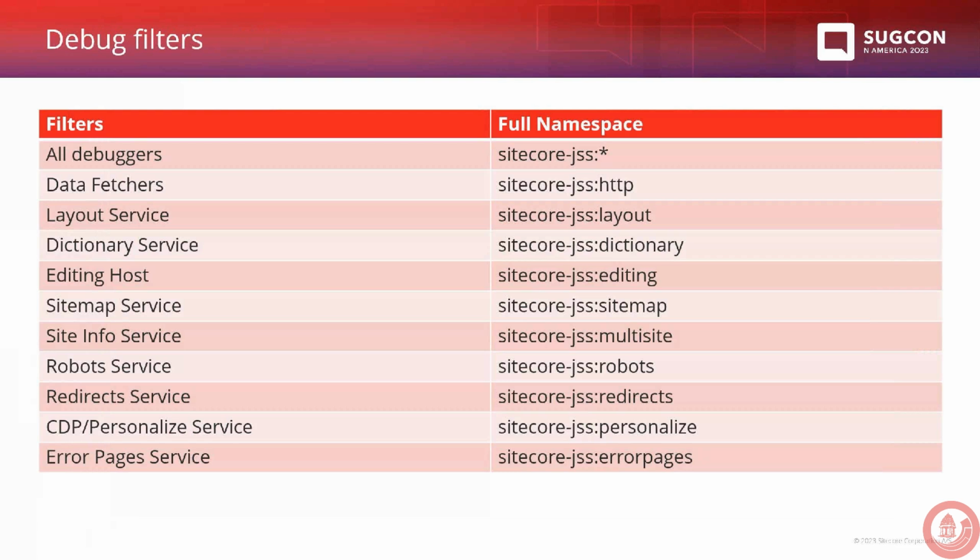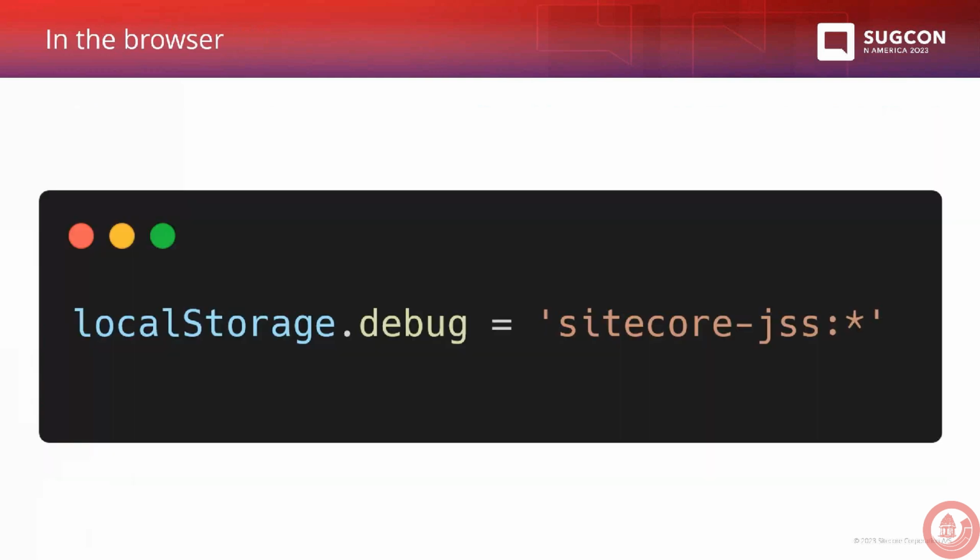If you're having an issue with editing and pages or in the experience editor, you can turn on the debug logs just for the editing host. If you're using Headless SXA, there are some debug logs for the SXA features like the sitemap service, the site info service, error pages service. And then if you're using CDP or Personalize, there are debug logs for those as well.